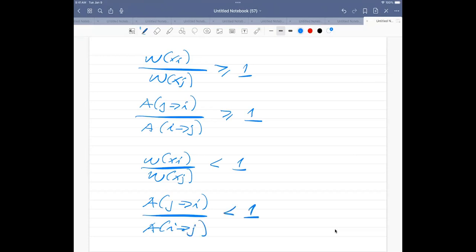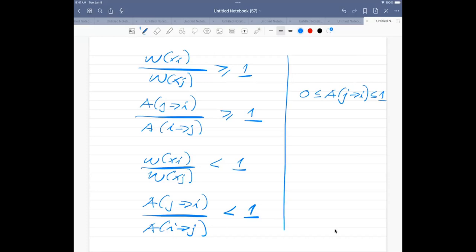And in that case, we have A(J to I) is less than 1. Now, I'm going to give you a hint, because this is what Metropolis and company used in order to find the algorithm. The only thing we know about the acceptance probabilities is that they are probabilities and they are normalized. So that means that these quantities, either going from J to I or I to J, have to be equal or less than 1.